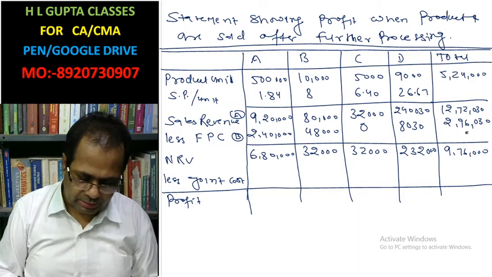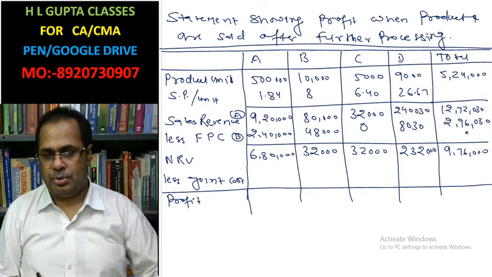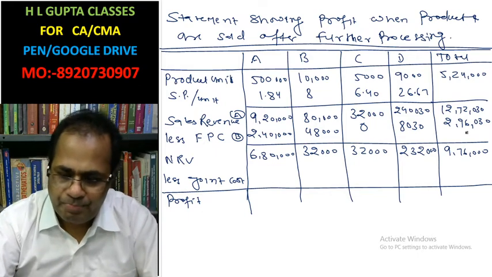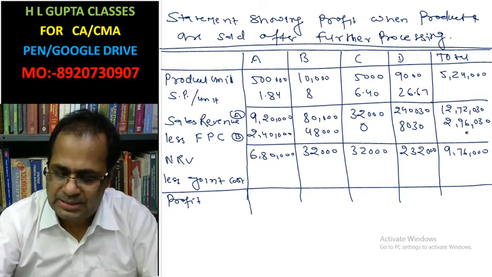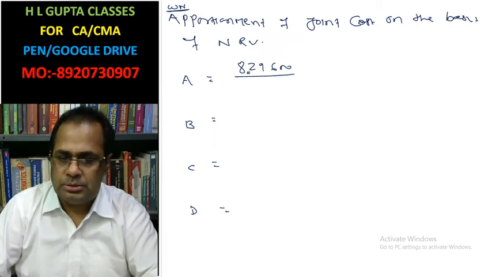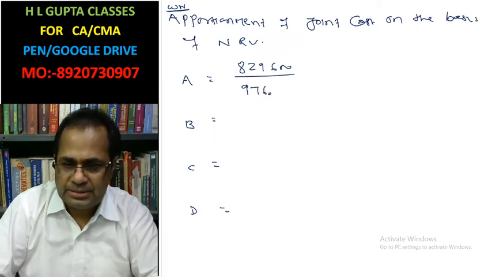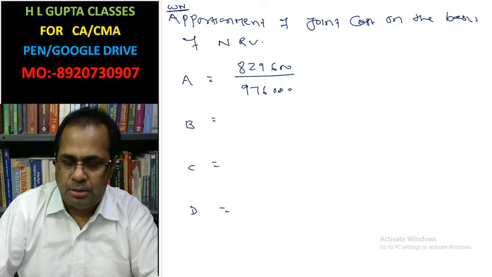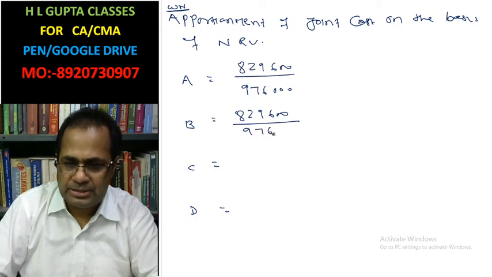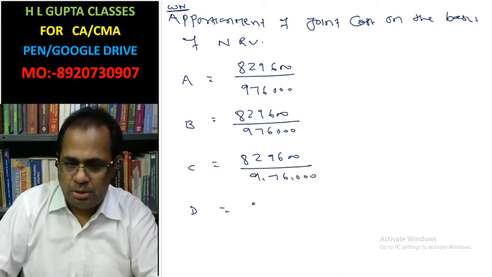Divide these and we get 0.85. So 8,29,600 divided by 9,76,000 is 0.85.